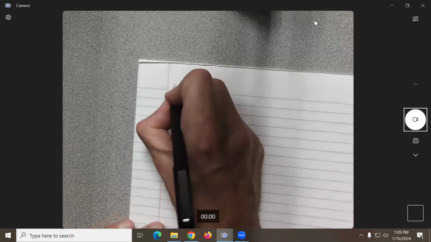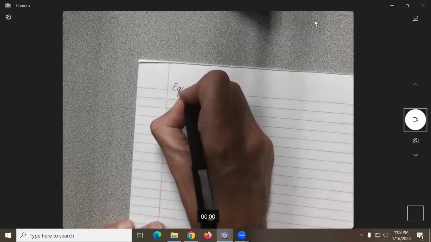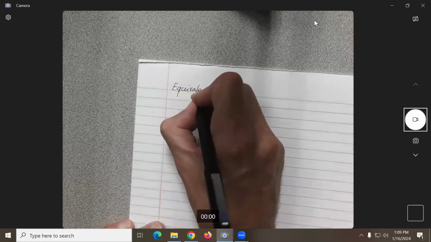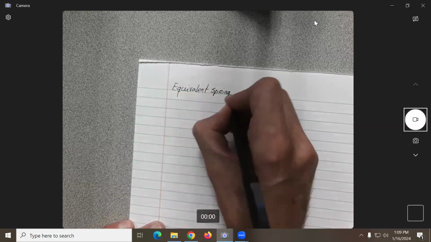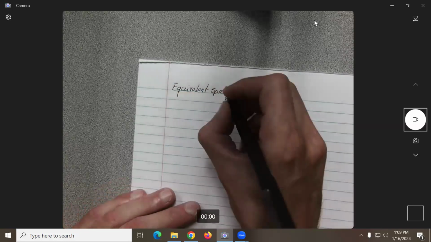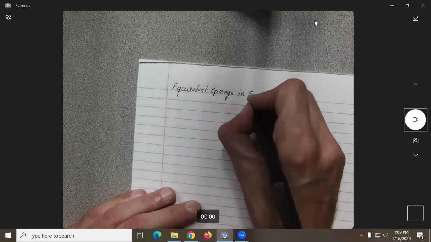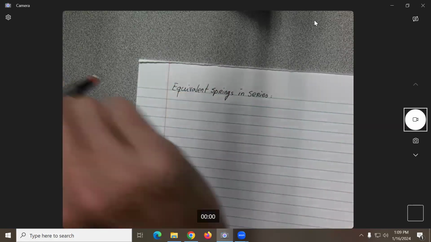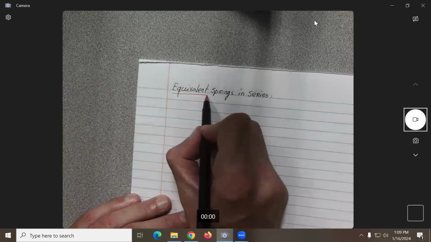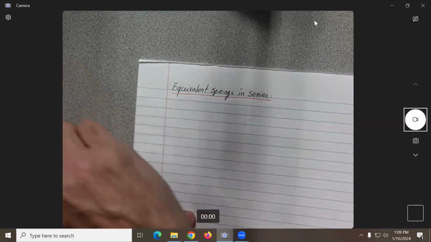So next, we're going to find the equivalent springs in series. This is kind of similar to what you did probably in electrical engineering.